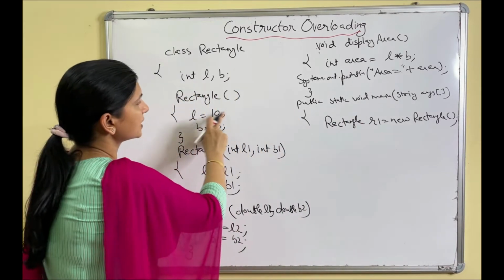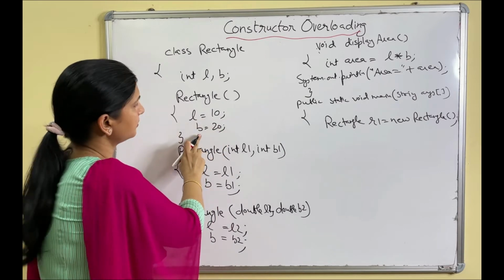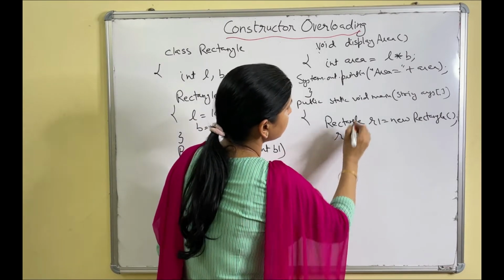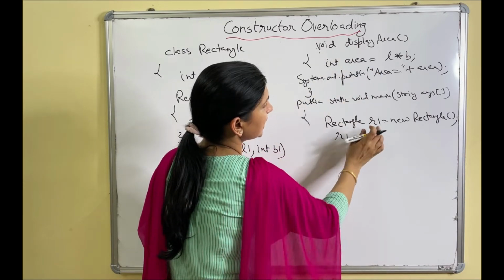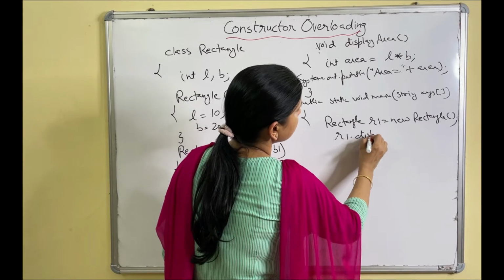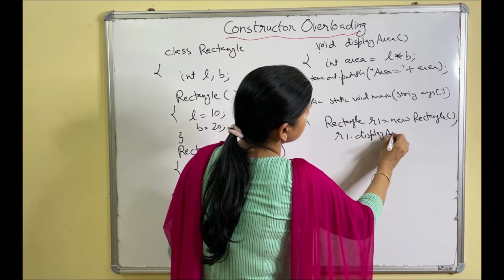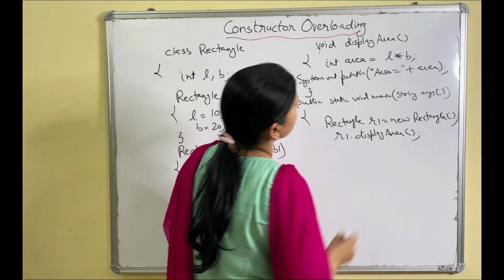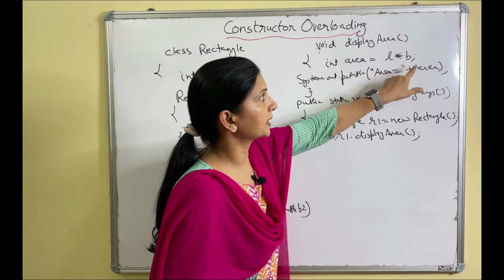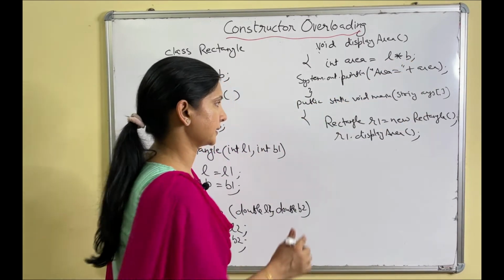So it will invoke this. L will be 10, B will be assigned 20. Then we will invoke this method with the help of this object, R1.displayArea. So L is 10, B is 20, 10 into 20, 200 will be displayed.